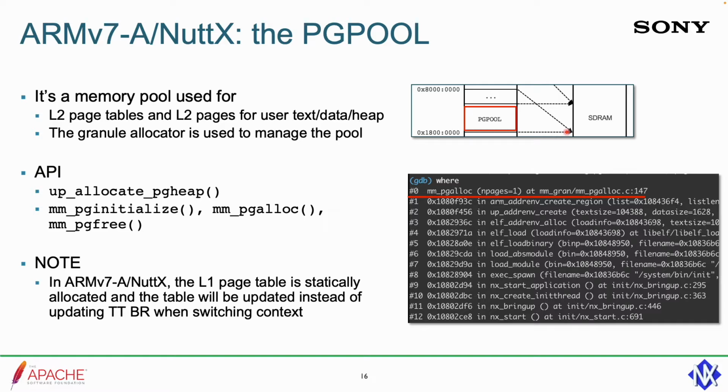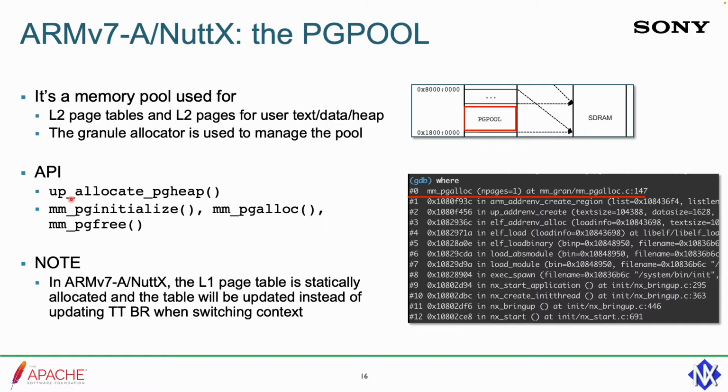As I explained, there is the page pool in the SDRAM. This is a memory pool used for L2 page tables and L2 pages for user text, data and heap, and a granule allocator is used to manage the pool. Regarding the page pool, there are the following APIs.